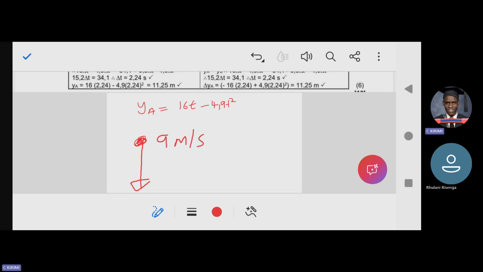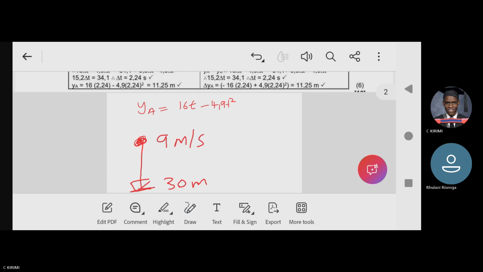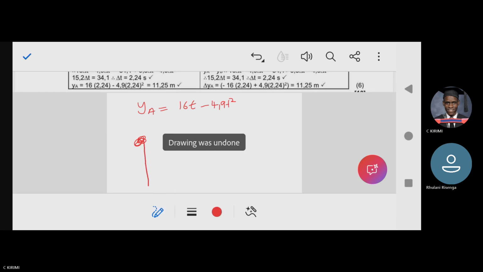From where it's projected to the final point, it's 30 meters below, so the height of this building is 30 meters.